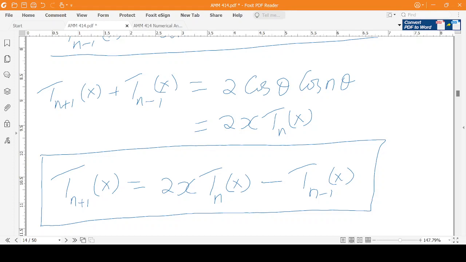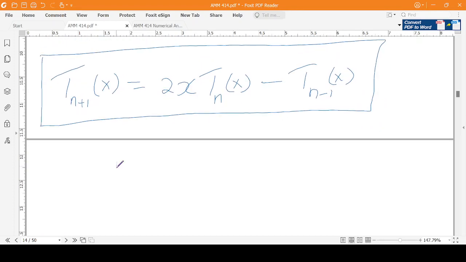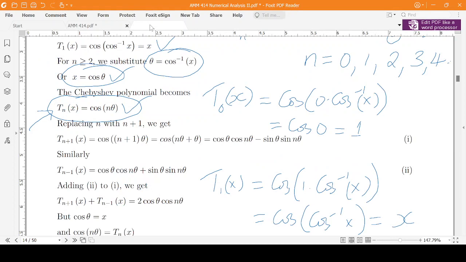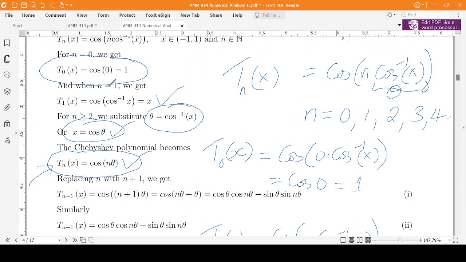We can start with, we know that we had seen that T0 of x is equal to 1 and T1 of x is equal to x. We had obtained that.